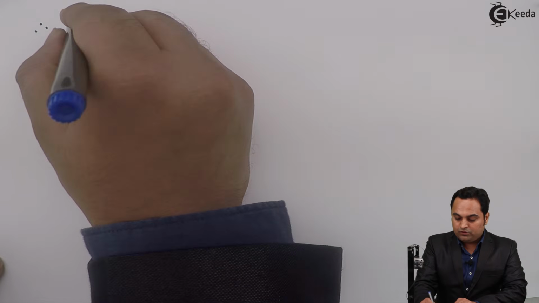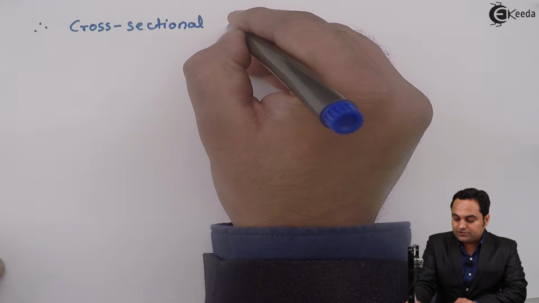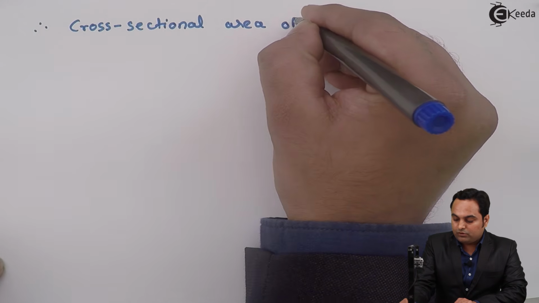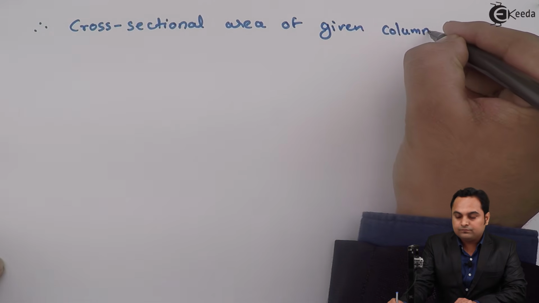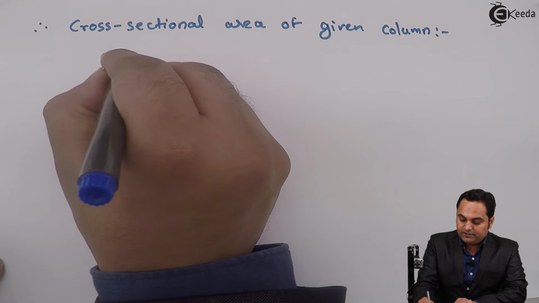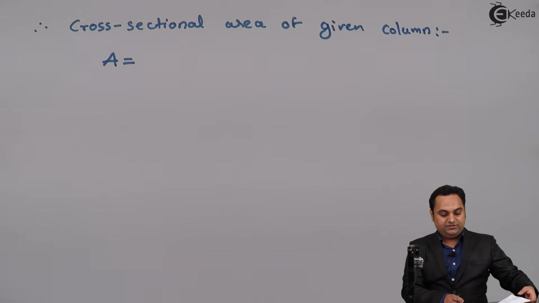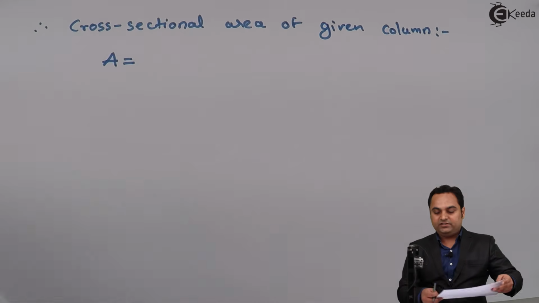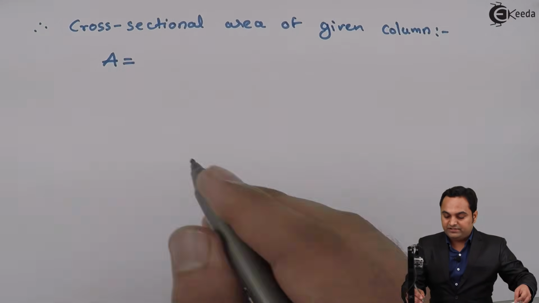Therefore, the cross-sectional area of the given column, that will be capital A, is equal to the area of one flange. The flange has an area of 150 into 10. So like this we have 2 flanges.